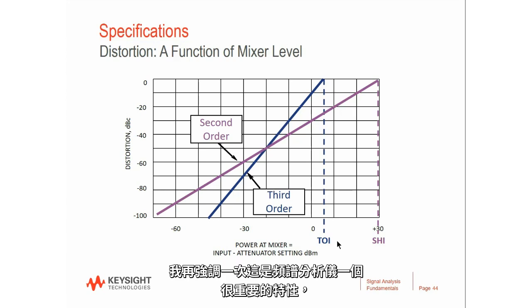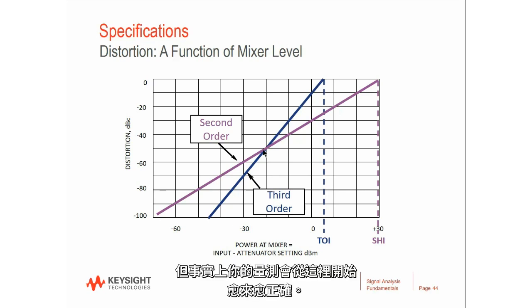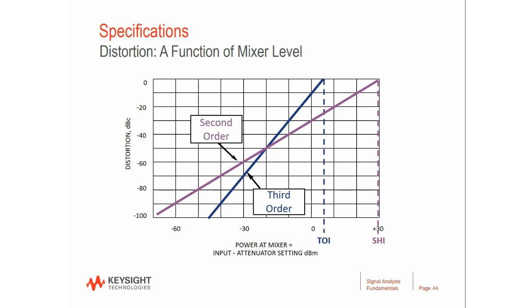This is, again, a very important specification for a spectrum analyzer that describes the maximum level to hit the mixer where you can ever dream of making a practical measurement. But probably reality is that your measurement is going to take place more accurately down here.